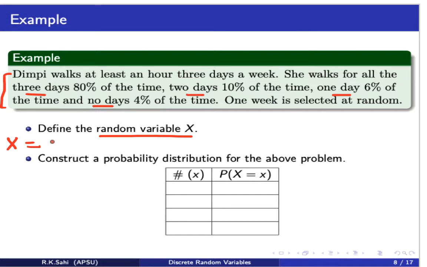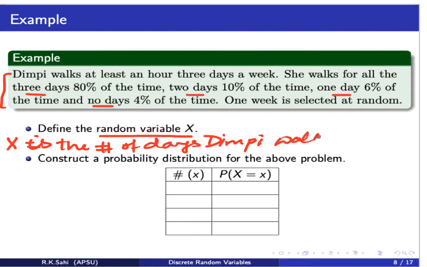So the random variable is the number of days Dimpy walks in a week. Because that's what we're doing, we're looking at how many days she's walking.